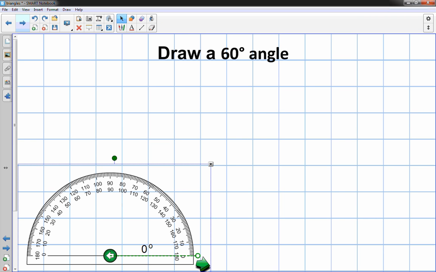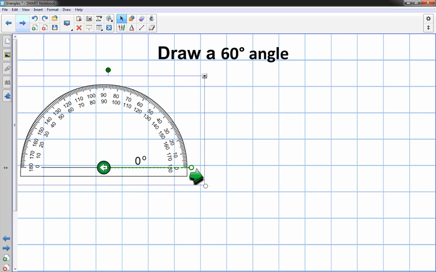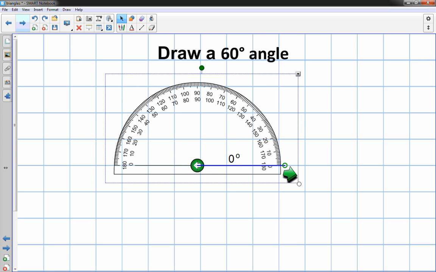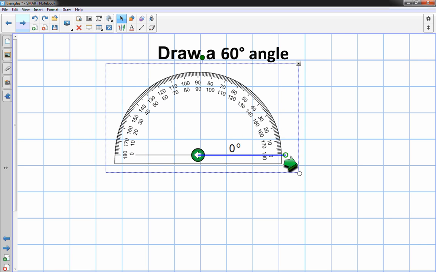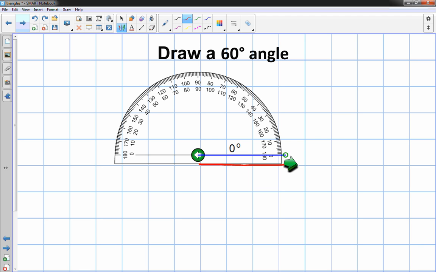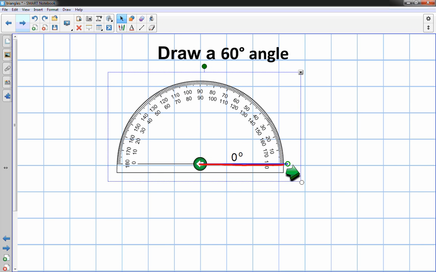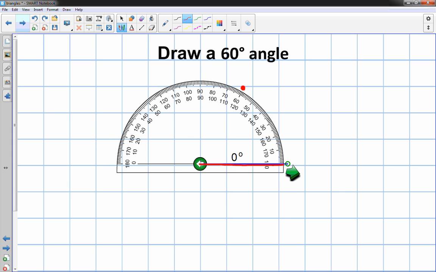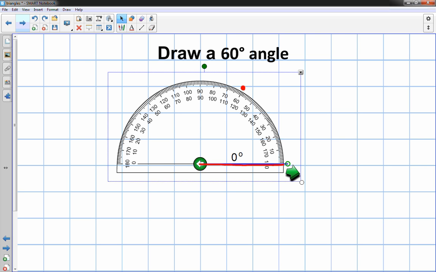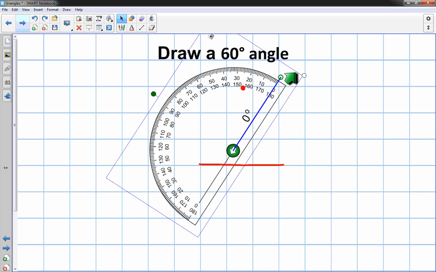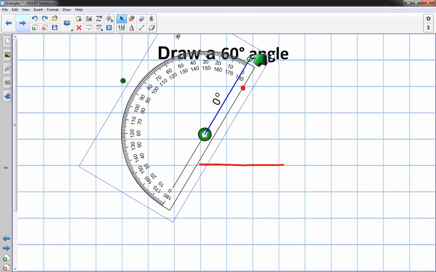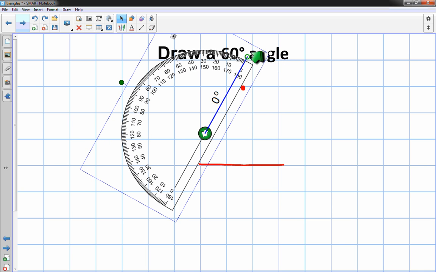Let's draw a 60-degree angle. A 60-degree angle would be looking like this. So I'm going to take my protractor, let's put it somewhere here, and begin by drawing a line, putting my bullseye on top, finding 60 over here, and what I have kids do is use that straight edge of the protractor to draw the straight line.